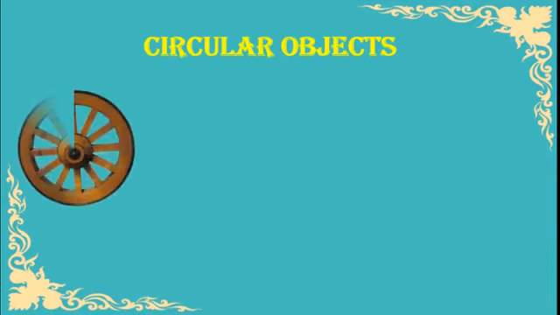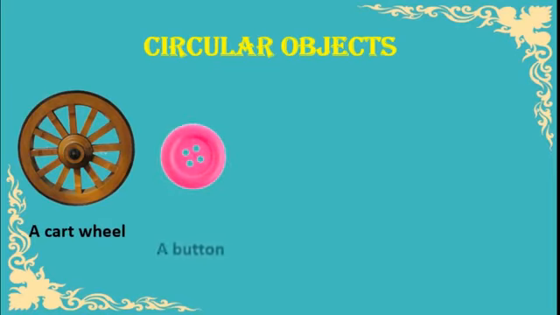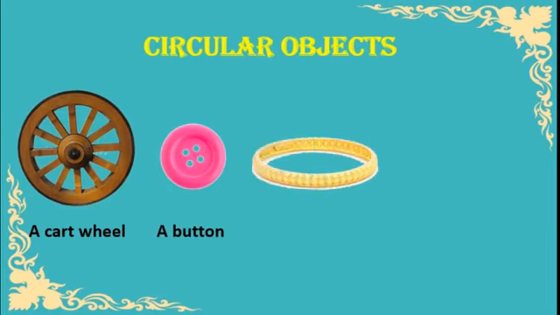Now students, we will proceed to today's portion, circular objects. Please observe this. This is a cart wheel. This is a button that we put on the shirt. This is a bangle. Girls wear this.